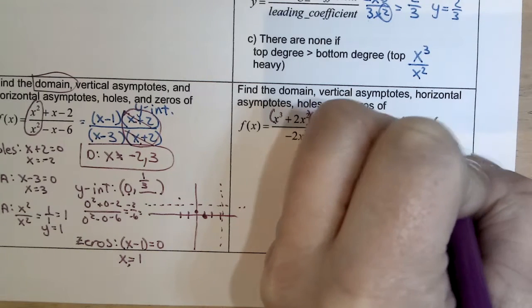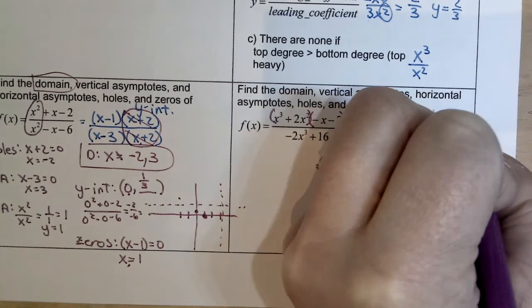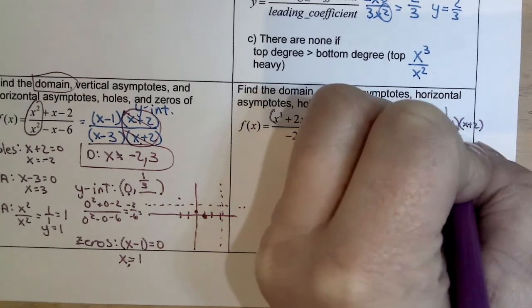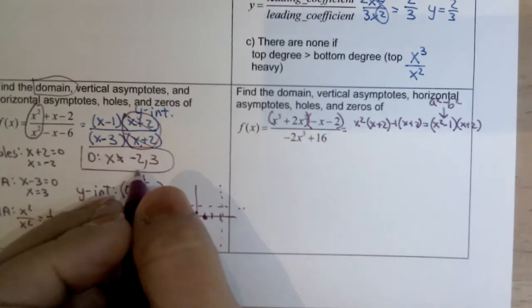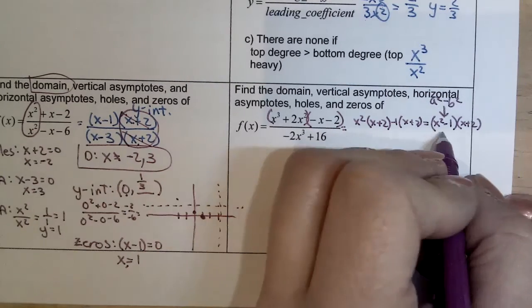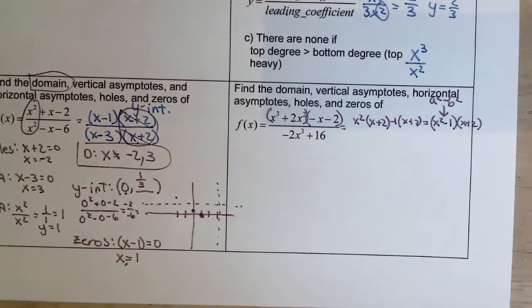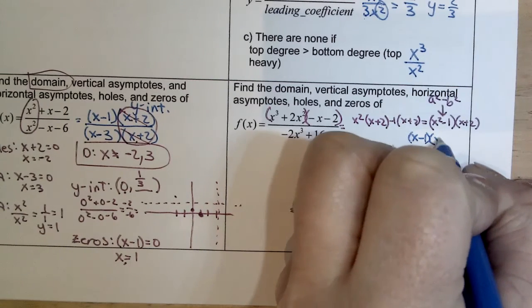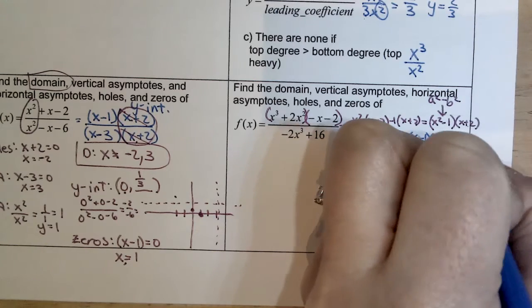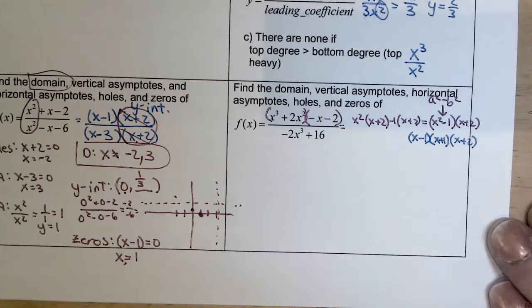So now that's going to be x squared minus 1 times x plus 2. But I'm not done because this is a squared minus b squared, so that's a difference of squares. So that's actually going to equal x minus 1 times x plus 1, and then I still have that x plus 2.